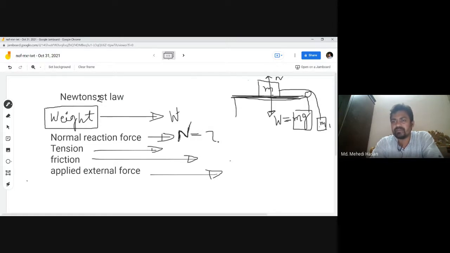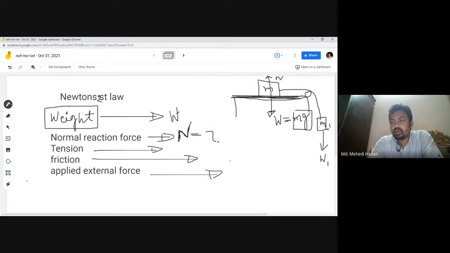So this is m1 and the first one is m. Due to the weight of m1, weight is downward, w1, so the whole system will move, the motion of the system will be in the rightward direction.